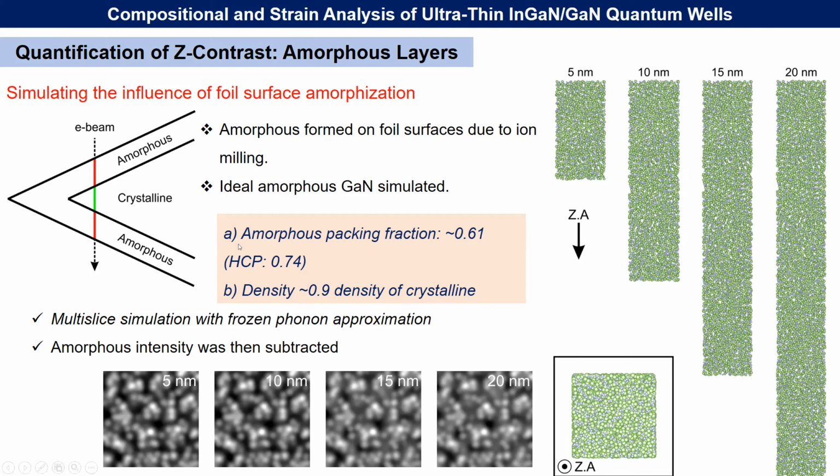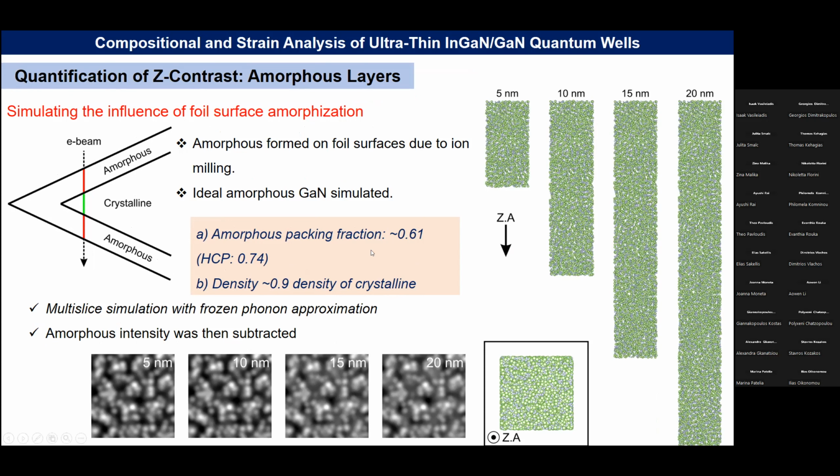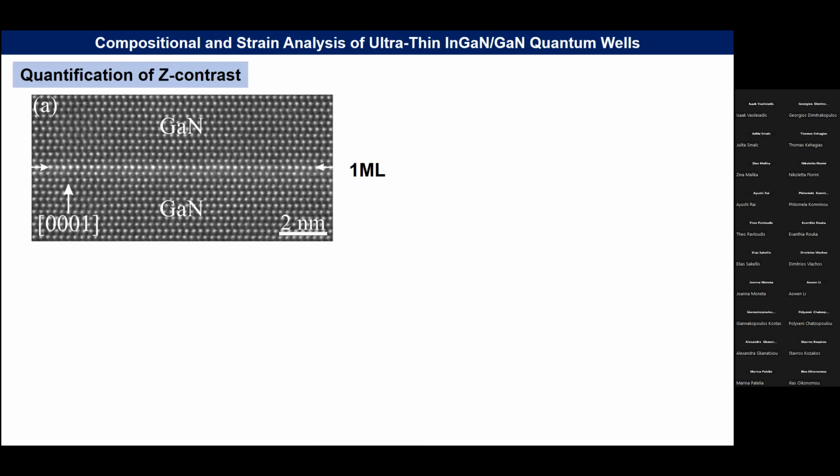So in this case, we modeled amorphous gallium nitride, and with multi-slice simulation with the frozen phonon approximation, we created images, and the intensity we measured was then subtracted from the experimental images.